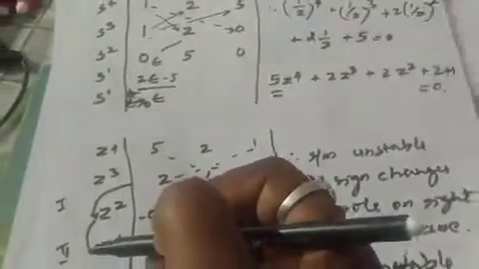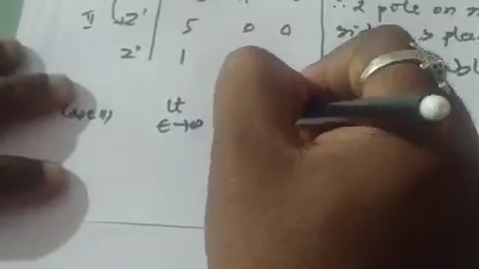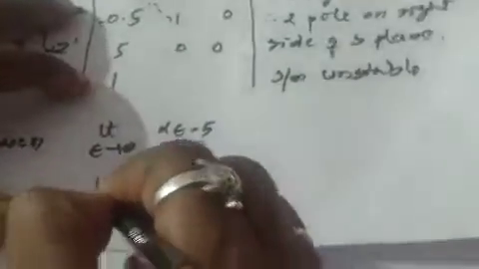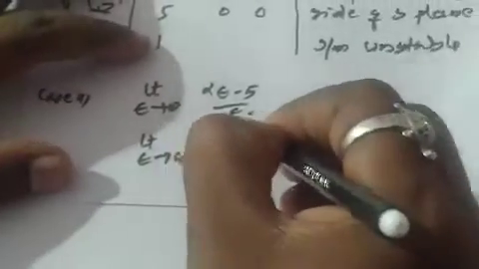So what you will be getting? After completing this, you will be getting the limit epsilon tending to 0 of 2 epsilon minus 5 divided by epsilon. So limit tending to infinity, epsilon tending to infinity, 2 minus 5 by epsilon, you will get minus infinity. Here you will be getting minus infinity directly.